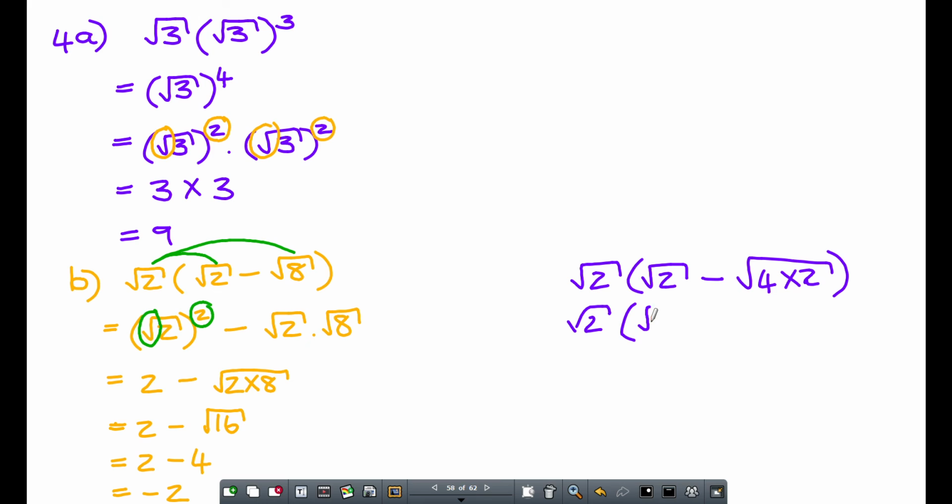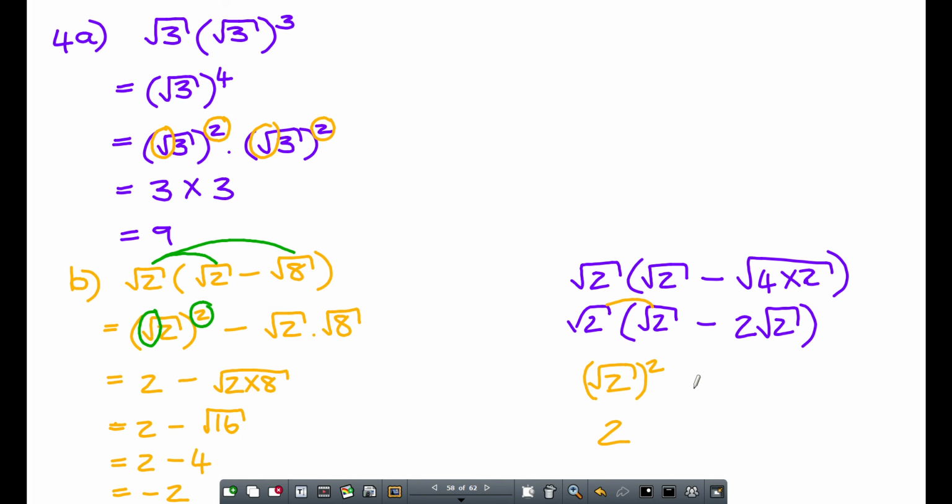Okay, and then this will be square root 2 minus, and then that square root 4 will be 2. Square root 2 I can't get, so it stays square root 2. Now we multiply in. So square root 2 times square root 2 is going to give me square root 2 squared, which will eventually just become 2.